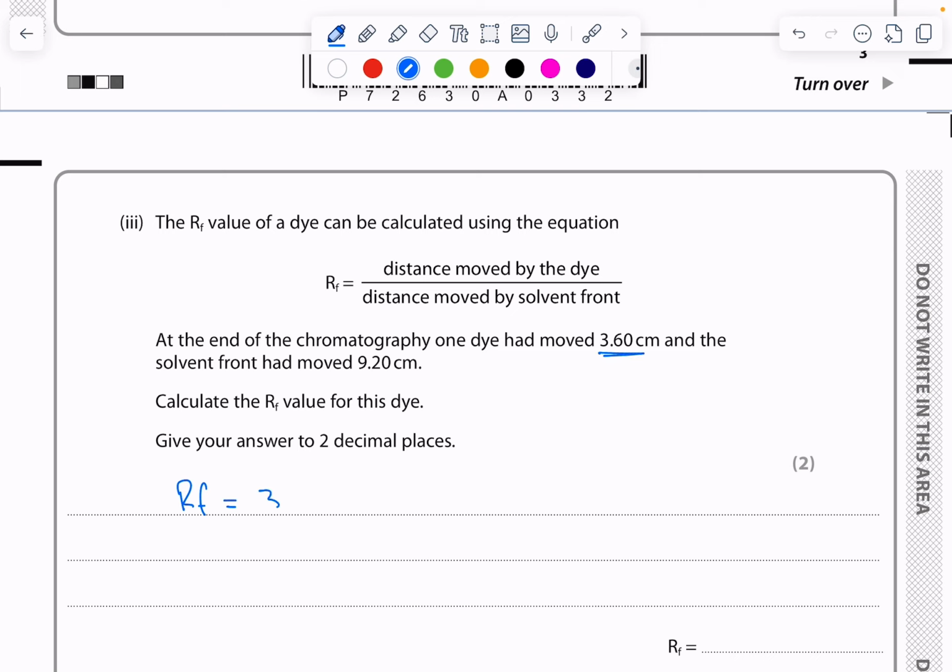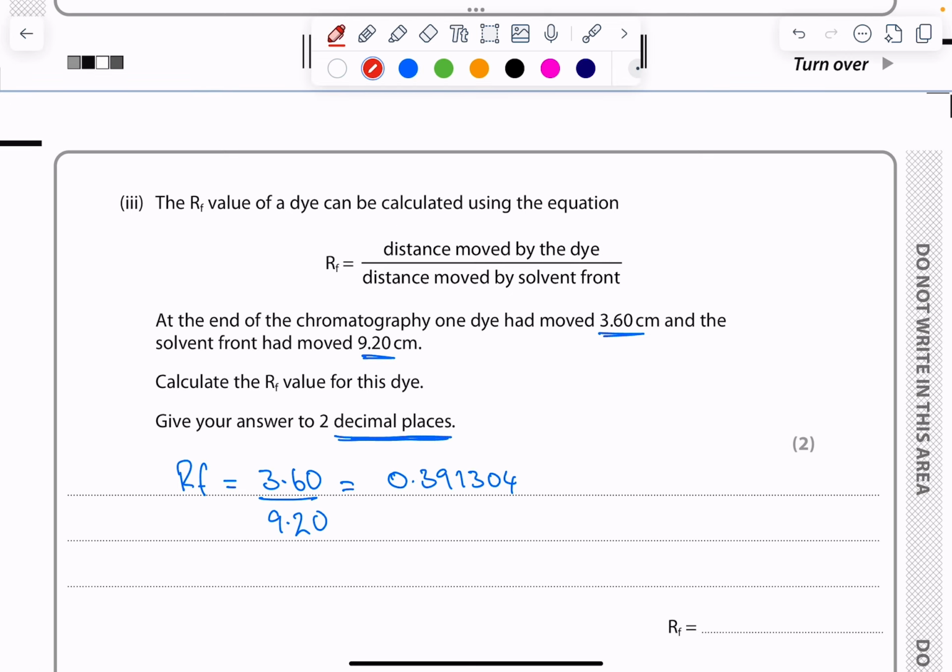We've got a travel for the dot of 3.60, and the water front, or the solvent front, sorry, has gone 9.20. So you put those two into your calculators, you'd work that out. That's given me an answer of 0.391304.